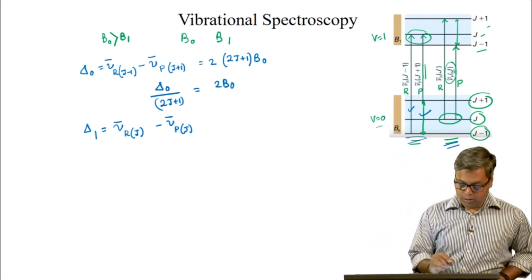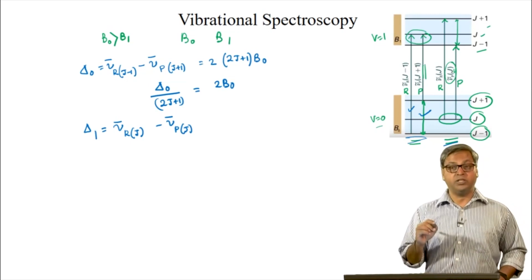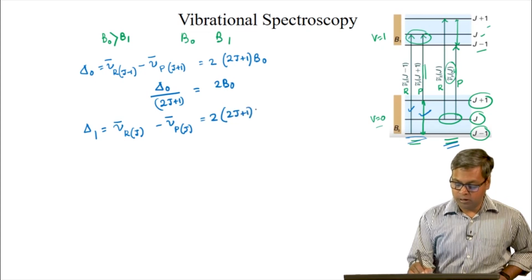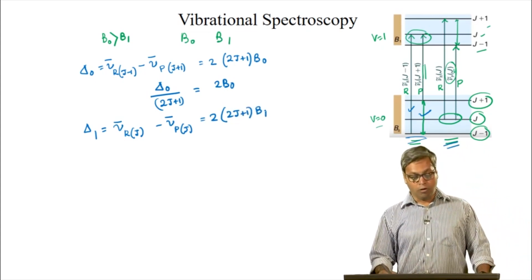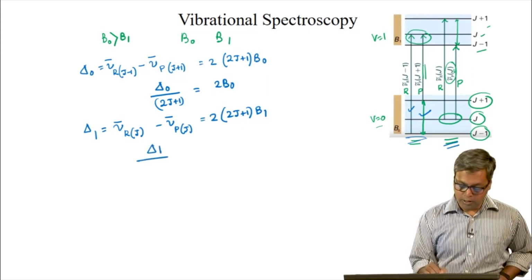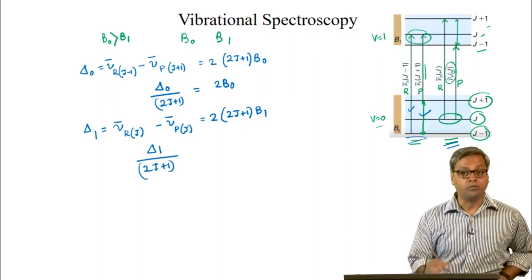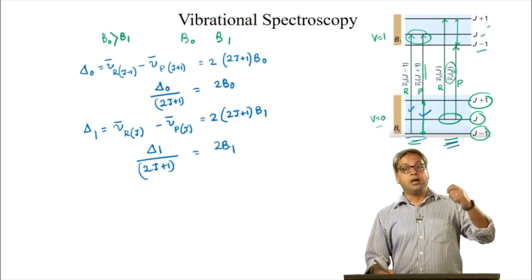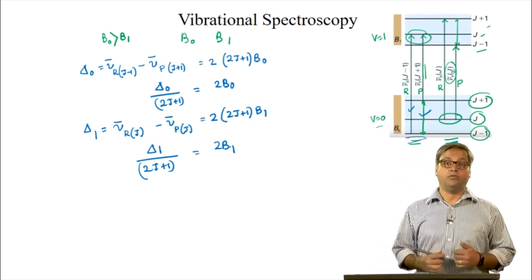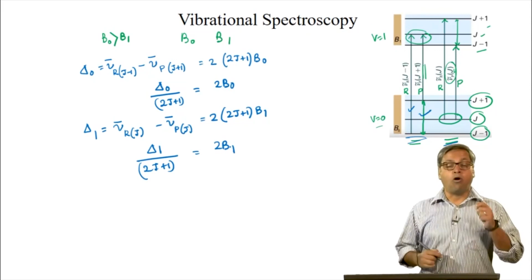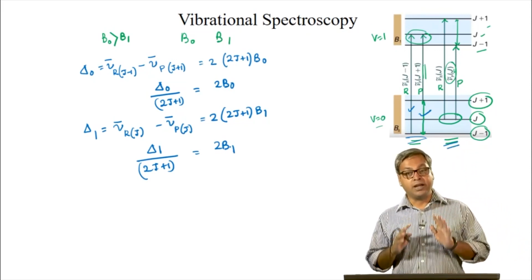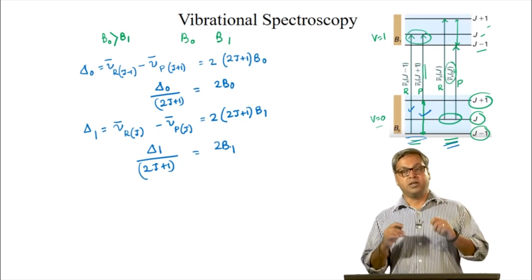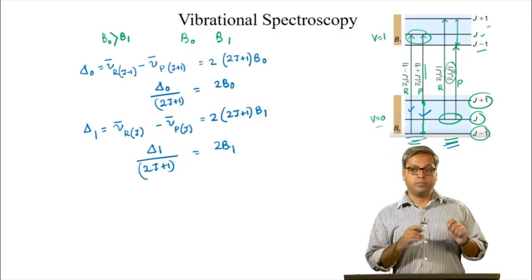So, nu bar R j minus nu bar P j gives 2 times 2 j plus 1 times B 1, or we can write delta 1 divided by 2 j plus 1 equals 2 B 1. Again, the expression will have the same value for all values of j. In all these derivations, we have neglected the centrifugal distortion, but if we consider it, these expressions will be slightly different.